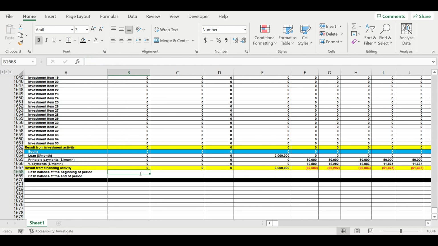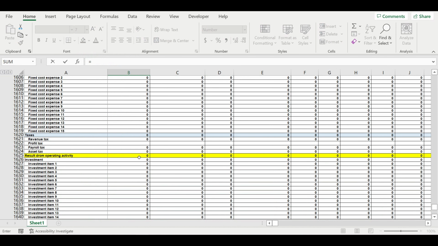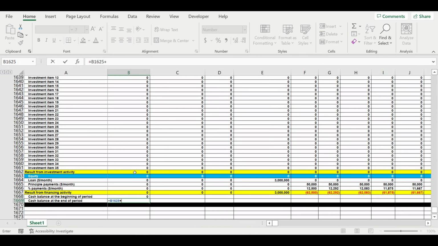So here will be 0 in the first month. Then we are taking the result from operating activity plus the result from investment activity plus the result from financing activity plus cash balance at the beginning of the period.